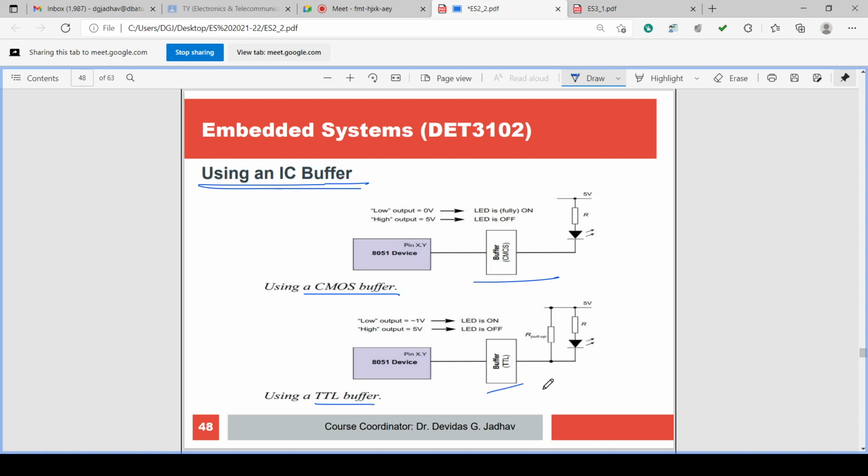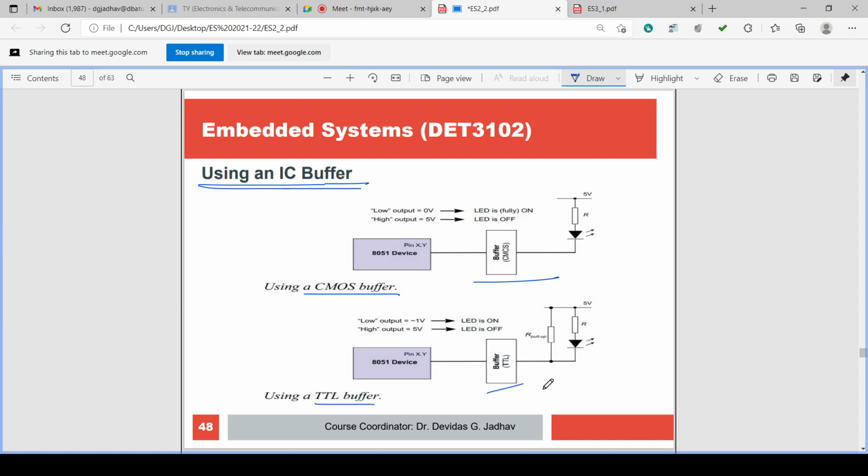Suppose a motor is there, a solenoid valve is there, a relay is there. In that case, the external circuit may require higher currents, so we have to send it through a buffer. Buffer is also used to maintain the levels of the voltages. Voltage levels may be 0 and 3, 0 and 5. Those also can be matched.